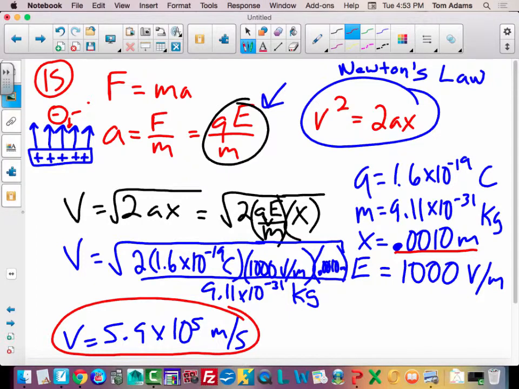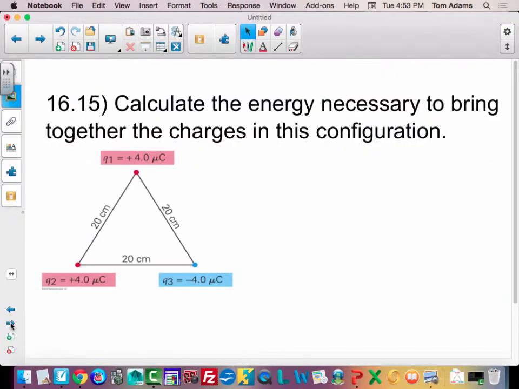Normally if I had a positive charge in here, the positive charge would repel, and that would want to go this way, but that isn't the case. So the electrons will usually oppose the electric field, but we use the magnitude of the electric field to help make our calculations. So that was just part 1 of this problem.